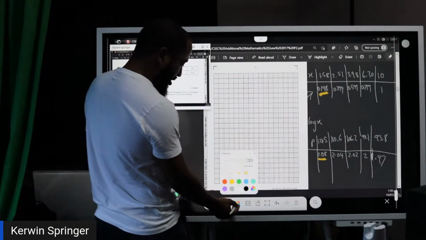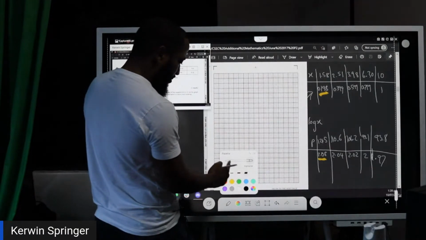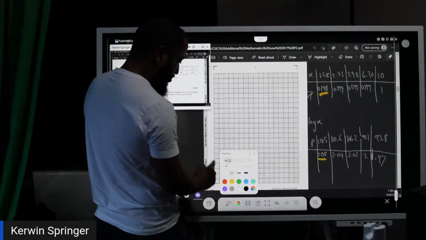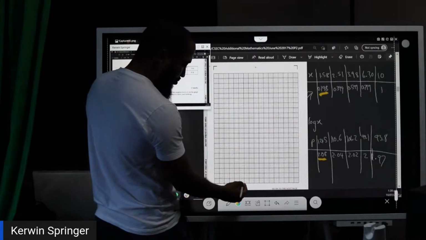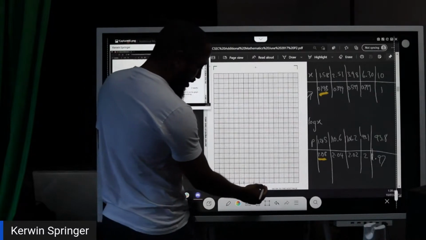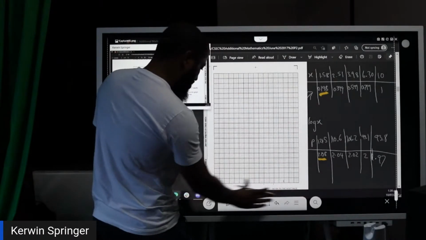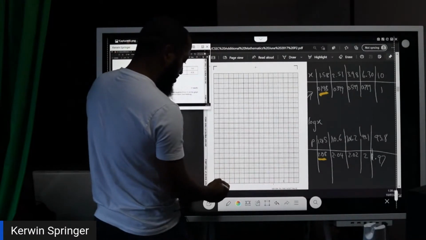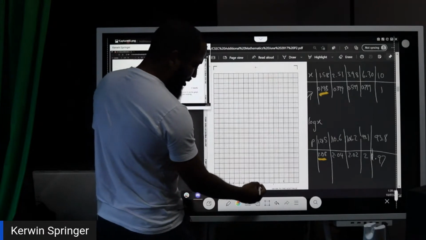Let me get a different color. Let me get black for the pen. You might put 1, 2, 3, 4, 5, 6, 7. Nah, you wouldn't do that. X 1, 2, 3, 4, 5, 6, 7, 8, 9, 10.